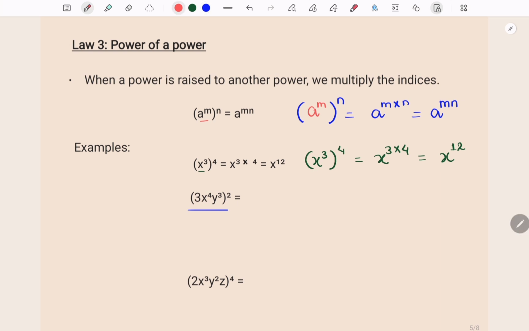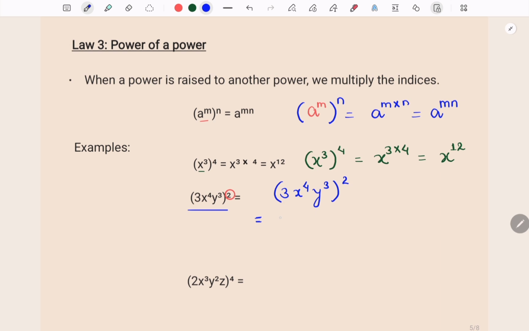You can see the power 2 here that is present outside the bracket, right? This power 2 will be applied to everything that is inside the bracket. Let me show you how. First, let me rewrite the question again for you. We have 3 x raised to the power 4 y cubed whole raised to the power 2. This power 2 will be applied to everything that is inside the bracket.